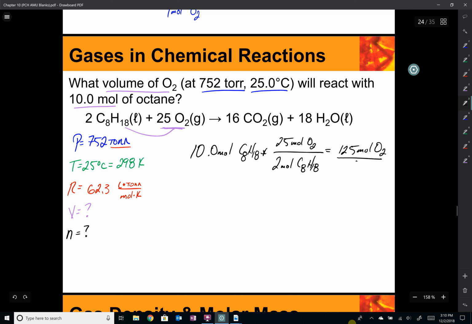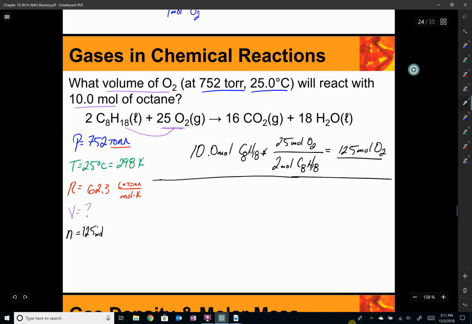Now we can take that and plug it in over here to our table. Not 150, 125. Good stuff.